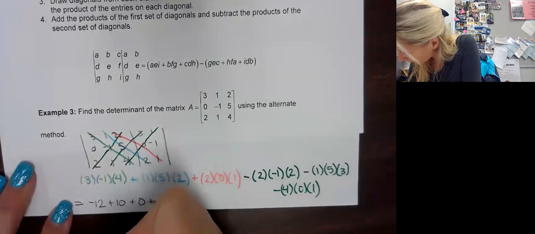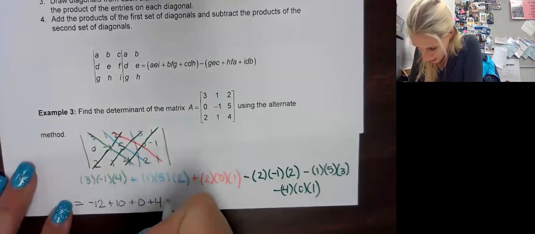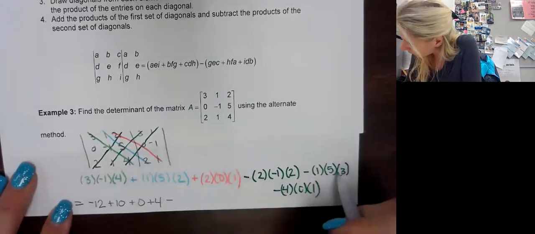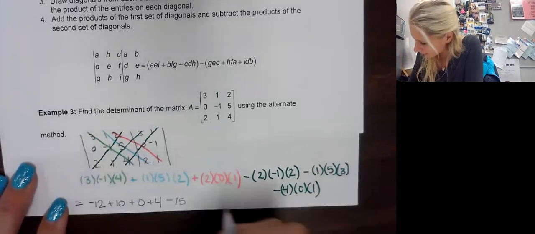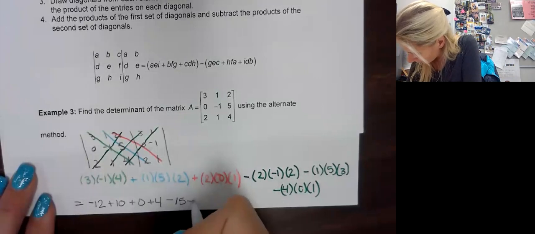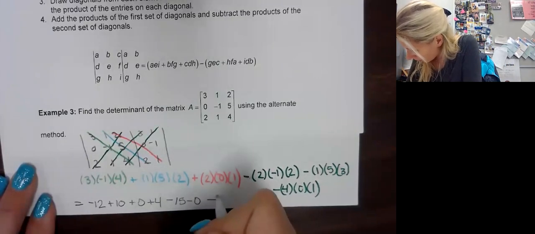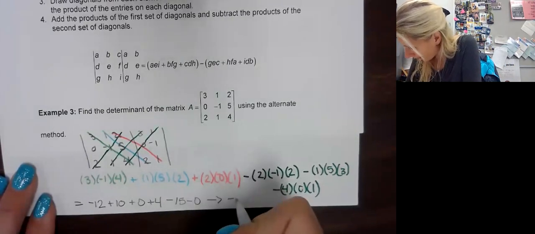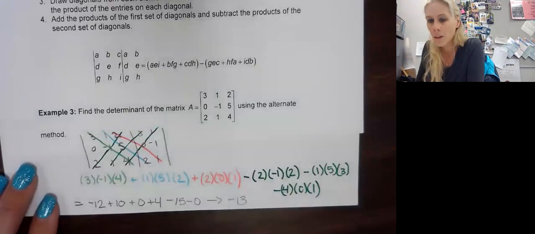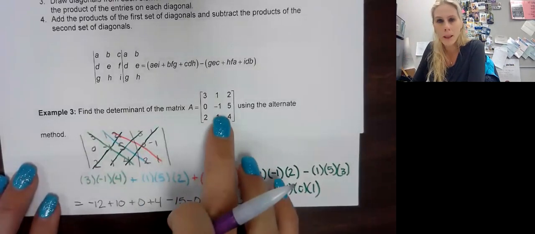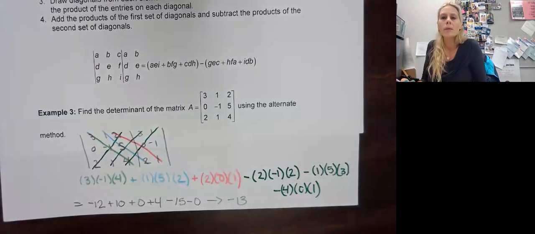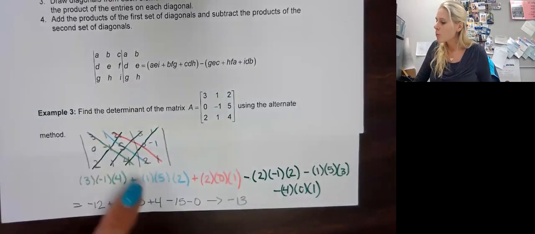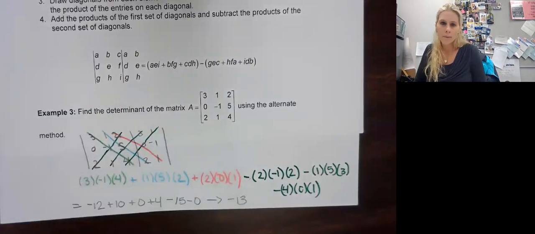So I'm going to go plus 4 minus, well, that's 15, minus 0. And when I do all that out, what do you know? I get the same thing. I get -13. Remember, this was the matrix that we just did above. So we already knew the determinant was going to be -13. So we're able to do our diagonals.